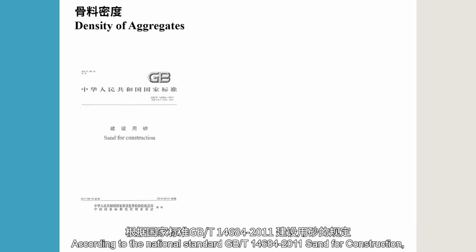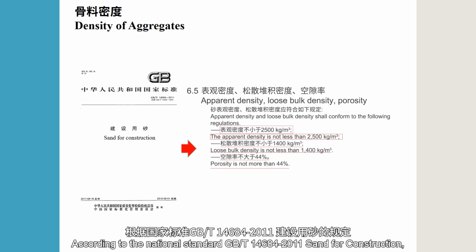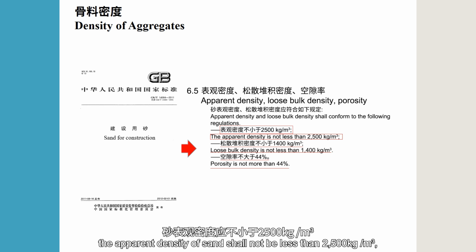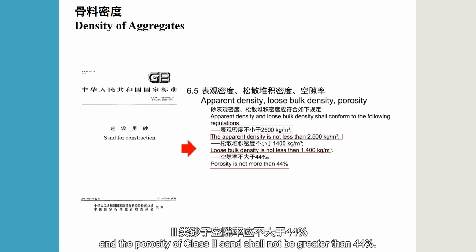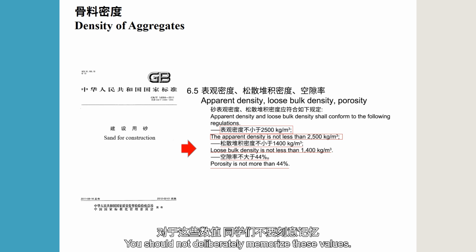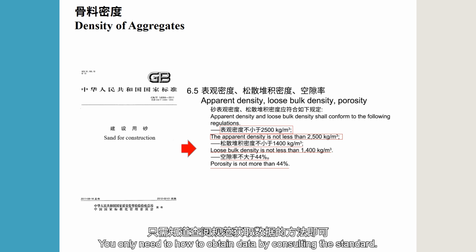According to the national standard GB/T14684-2011, Sand for Construction, the apparent density of sand shall not be less than 2,500 kilograms per cubic meter. The loose bulk density shall not be less than 1,400 kilograms per cubic meter, and the porosity of Class II sand shall not be greater than 44%. You should not deliberately memorize these values. You only need to know how to obtain data by consulting the standard.